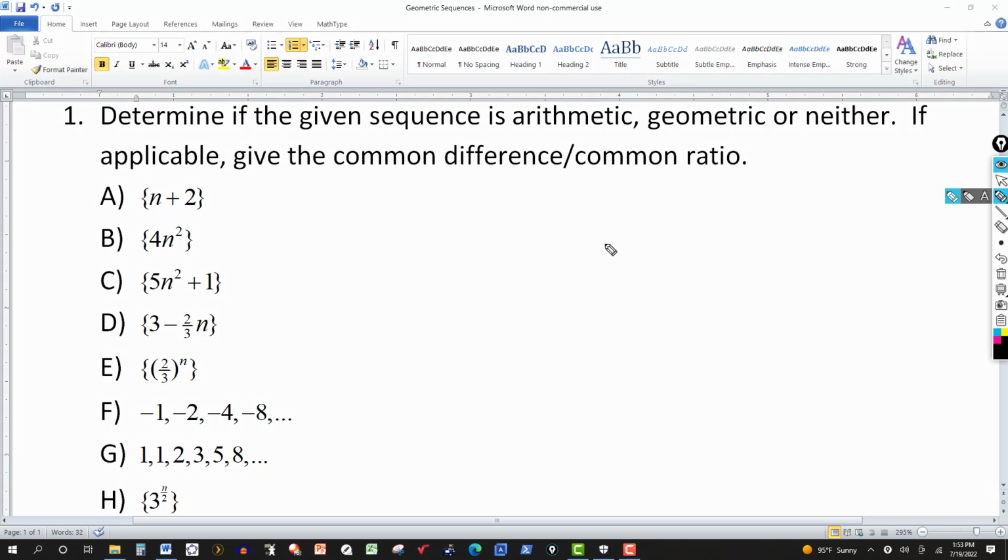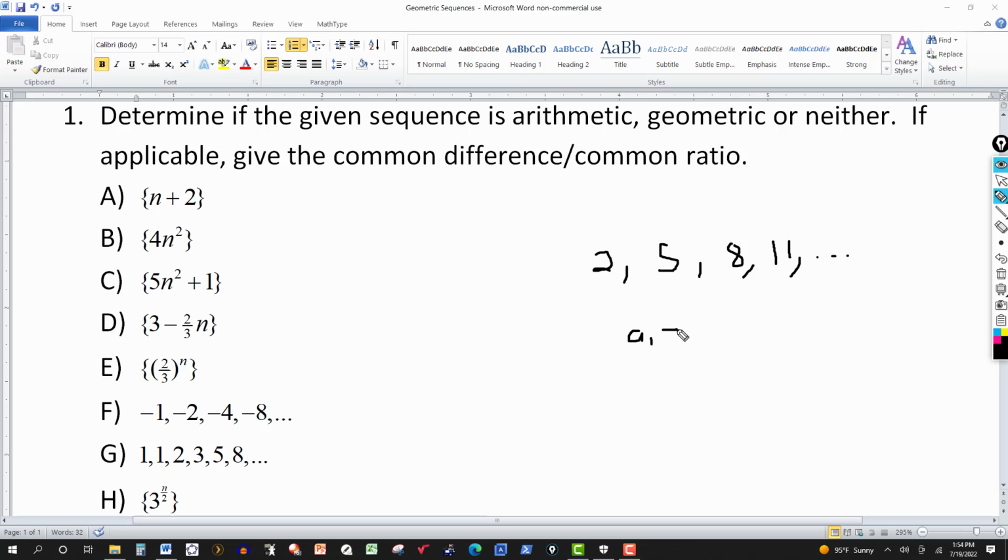So just to remind you, for the arithmetic sequence, we're given the terms, in this case 2, 5, 8, 11. Sometimes you'll be given the actual terms, sometimes they'll give you a formula, as in this particular video here.